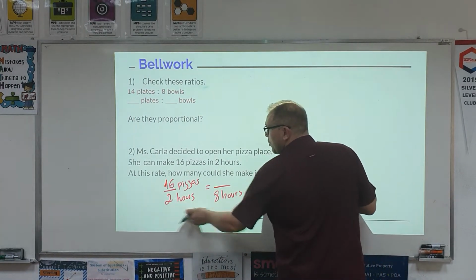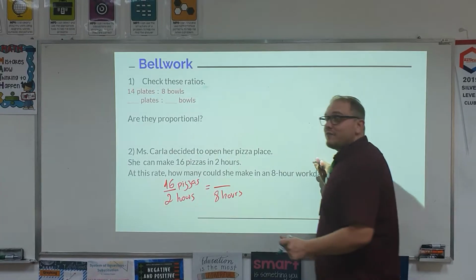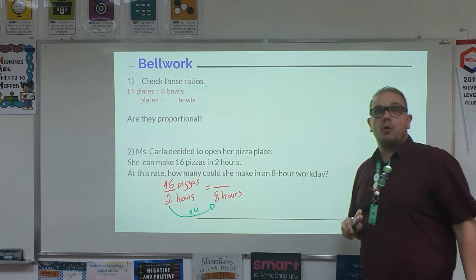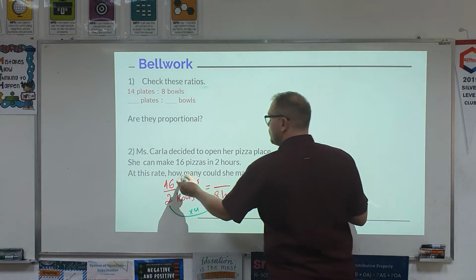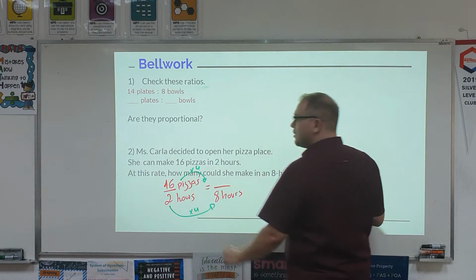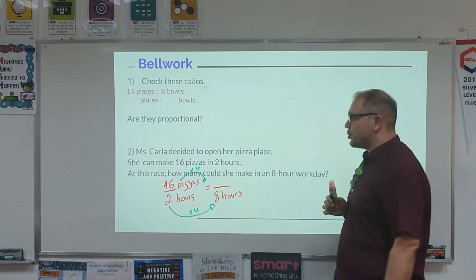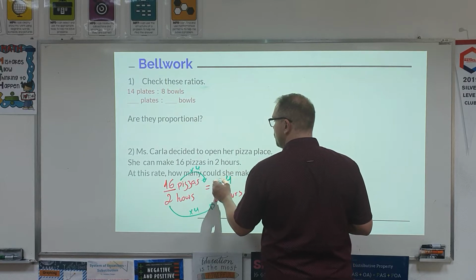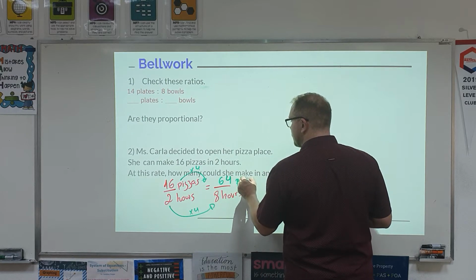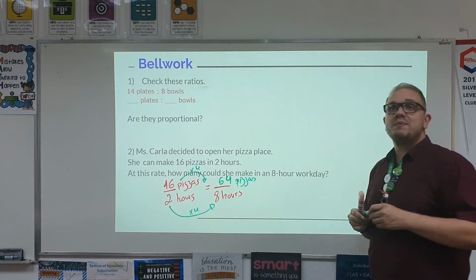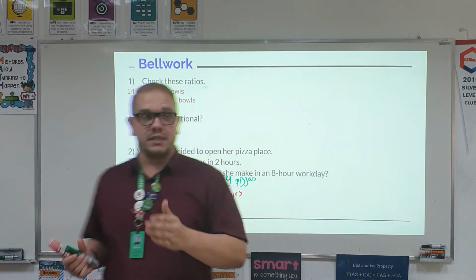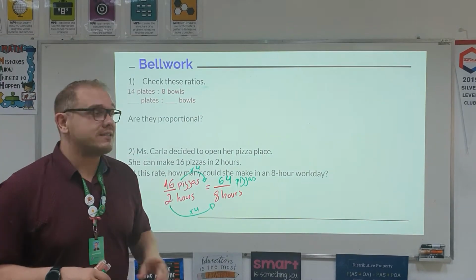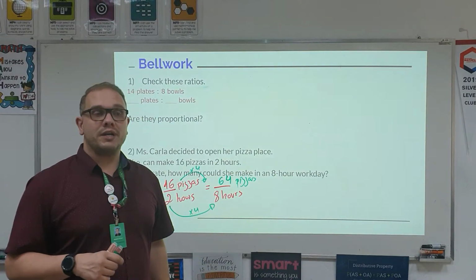How do I go from 2 to 8 with a factor? What factor do I multiply from 2 to 8? I multiply by 4. So because of that, I also have to multiply by 4 on the top part of my ratio. So 16 times 4, 6 times 4 is 24, goes to 64 pizzas. So if she keeps this constant rate, she will be able to produce 64 pizzas in an 8-hour workday. Okay?